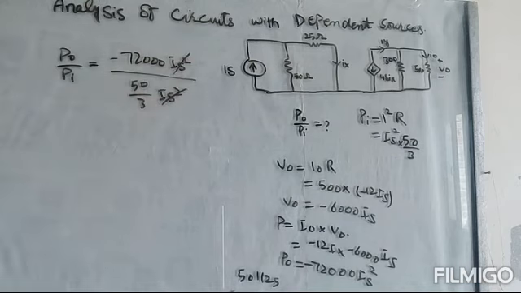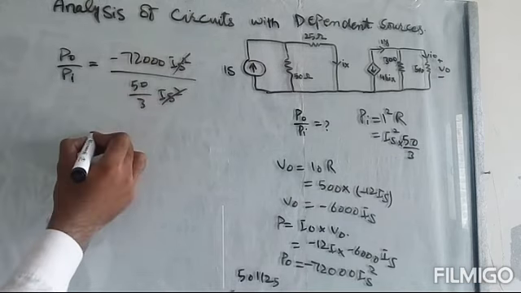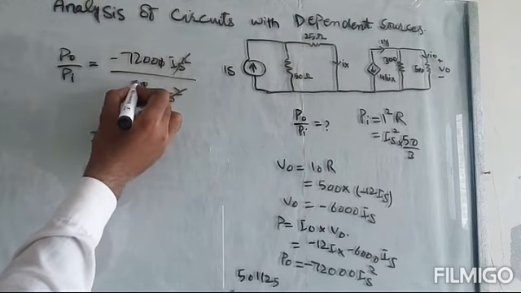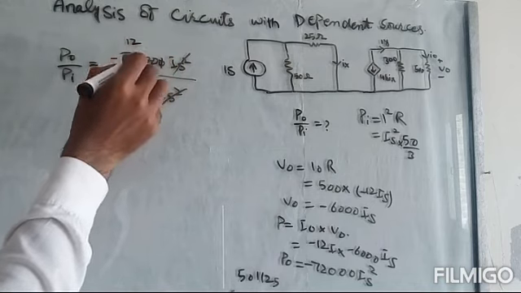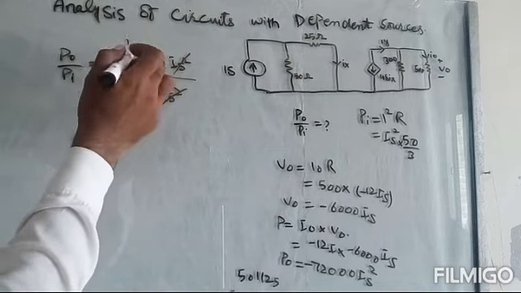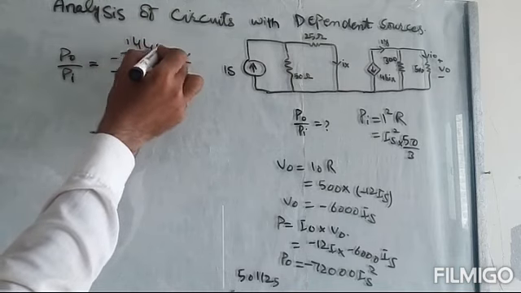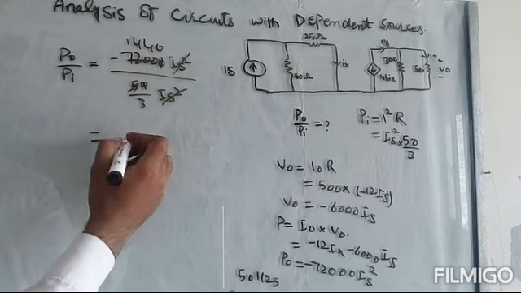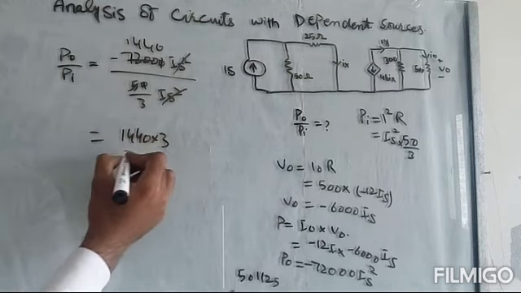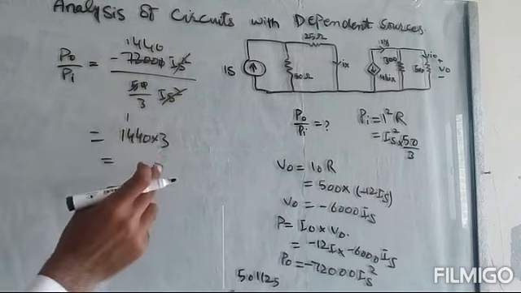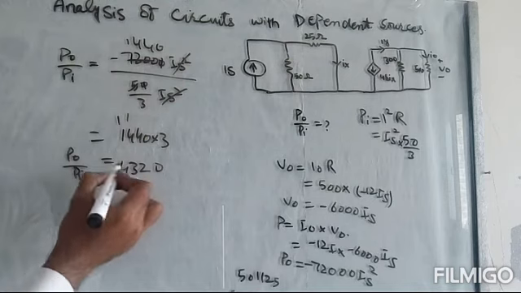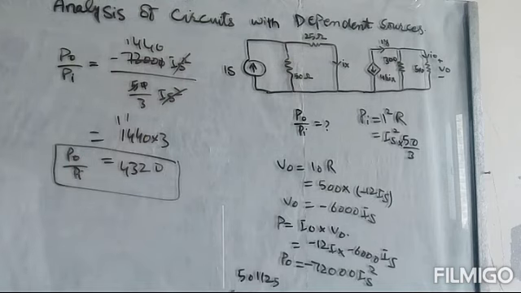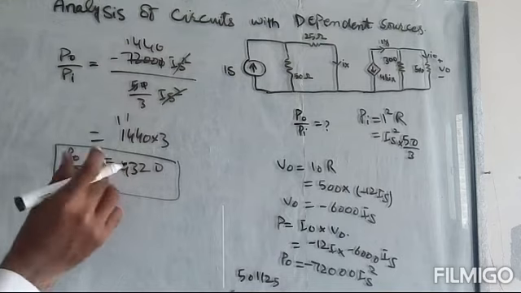Is square will be cancelled with this one, and the 0 will be cancelled with this. 5 1 are 5, 5 2 are 10, 22, 4, 4. And this 3 will multiply by this, so 440 multiplied by 3 is 1320. So P naught over P input will be this, and it will be minus.